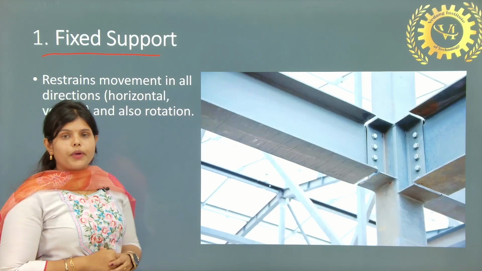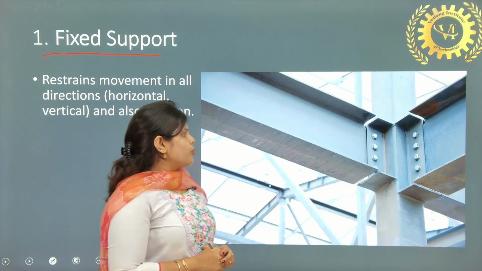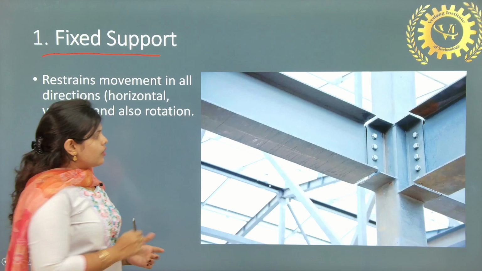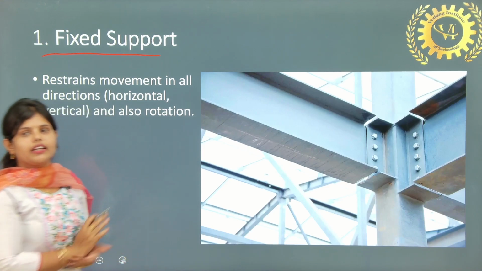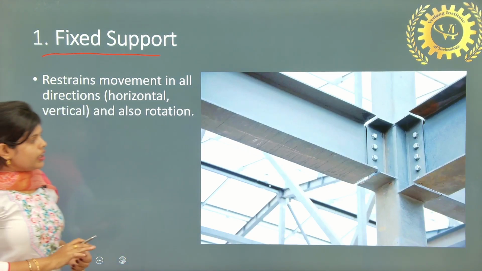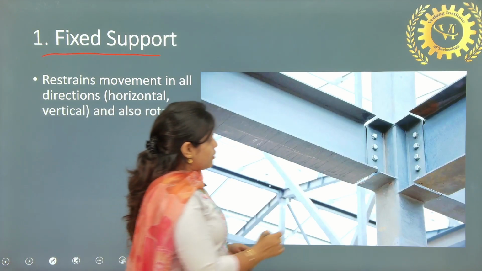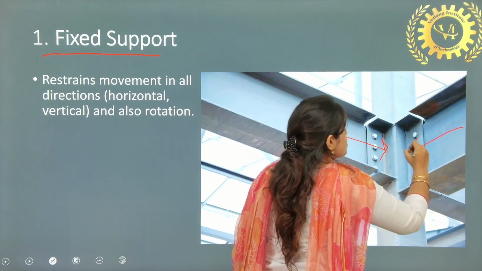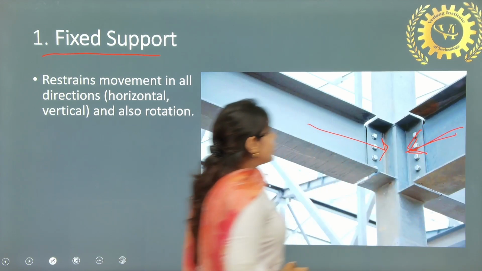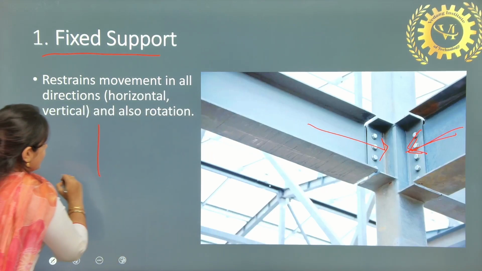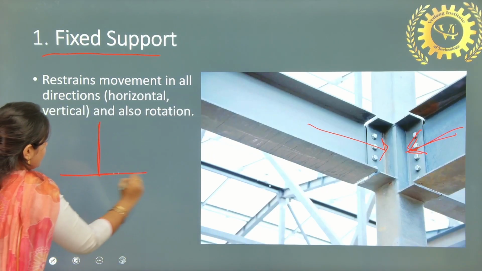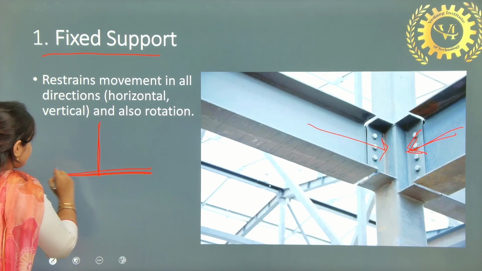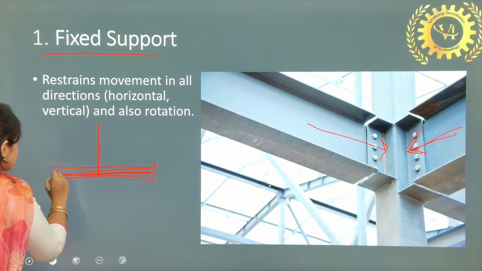What is a fixed support? Fixed support means it is fixed at the end. Here you can see from this diagram, this support is fixed at this end. Say we have a beam and it has a fixed support.